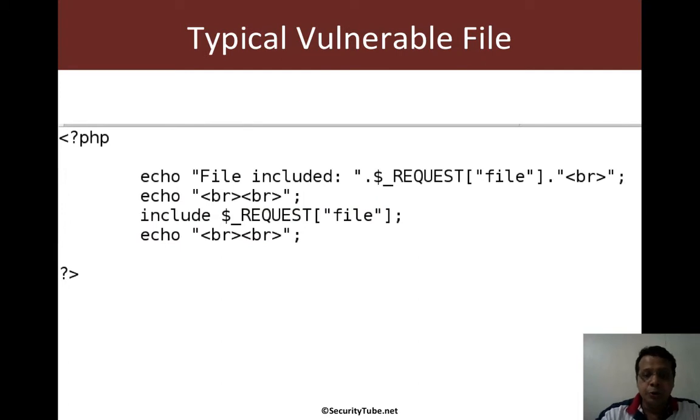Now, let me show you what a typical vulnerable file include looks like. So we actually get an input from the user for file, and then we are including that file without sanitizing or checking this value in any way.